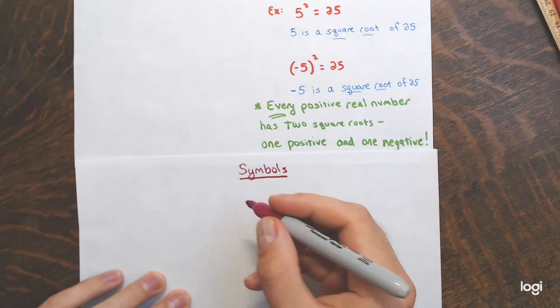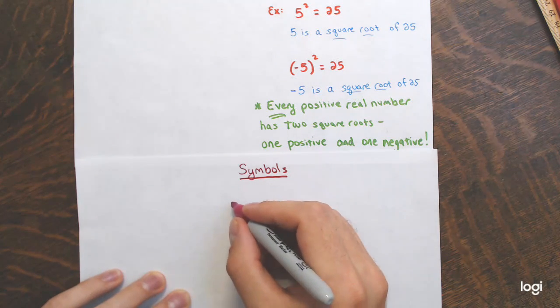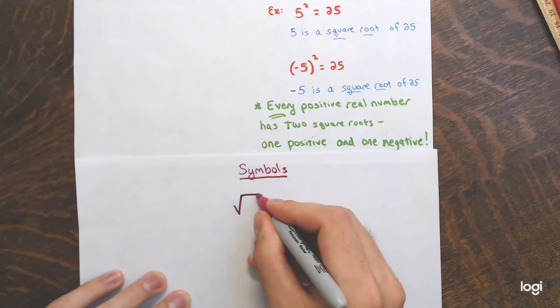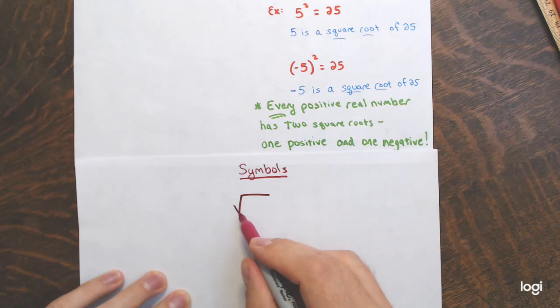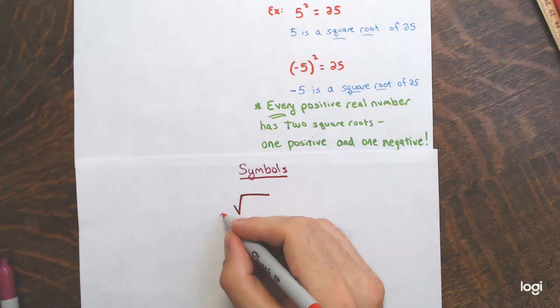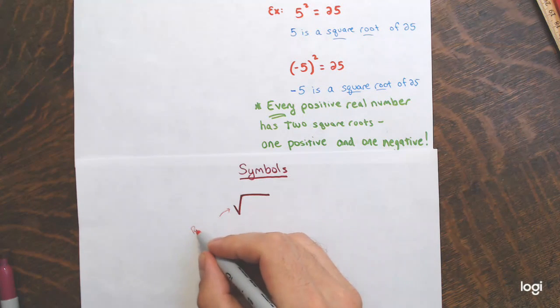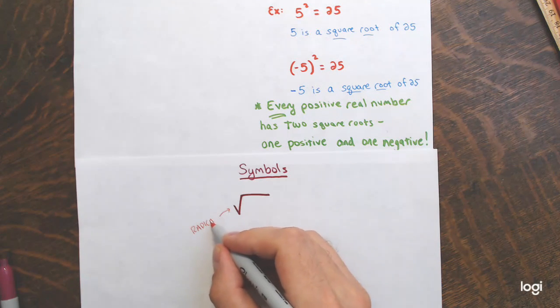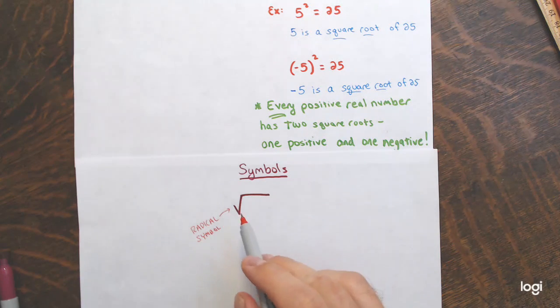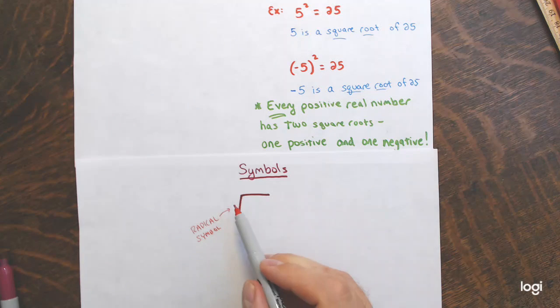You've probably seen this symbol before and know what it means a little bit. This symbol here is called the radical symbol. Usually there's a little number in the little jagged edge, the little crook here.